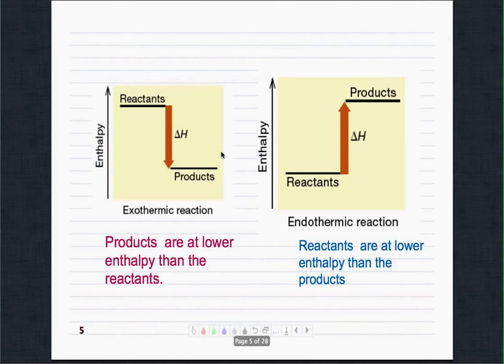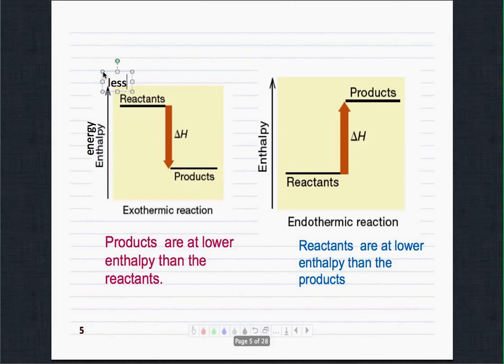We find that the reactants have higher energy than the products in all the exothermic reactions. In other words, the products have less energy and they are more stable. So: less stable, more stable, more stable and have less energy.